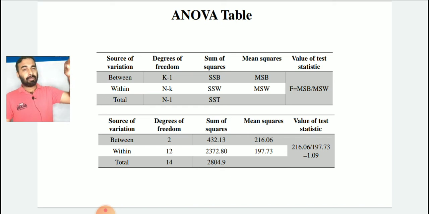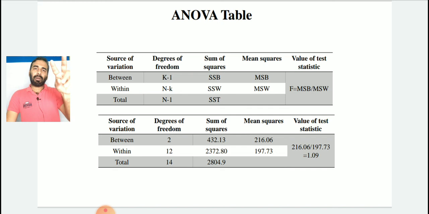For the numerator it will be K minus 1, and for the denominator it will be N minus K. Then you find the proper F value using F tables. Then you find this value 1.09 using the ANOVA procedure. We have found it.